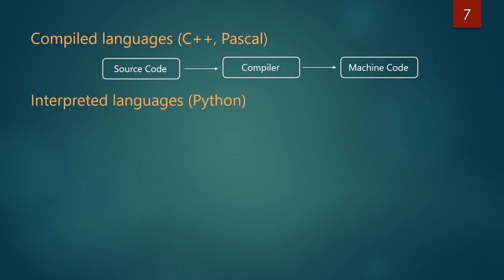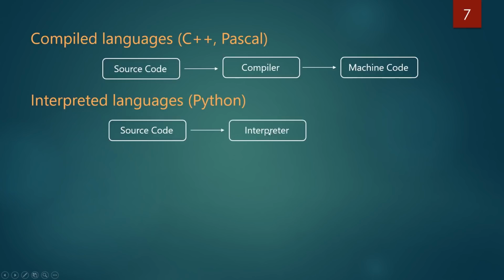Now the interpreted language is on the other end, where you have a source code file, but you don't have to translate it to 0s and 1s before you can run it. Instead of a compiler, we have a special software called an interpreter, in this case the Python interpreter. It doesn't have any user interface.